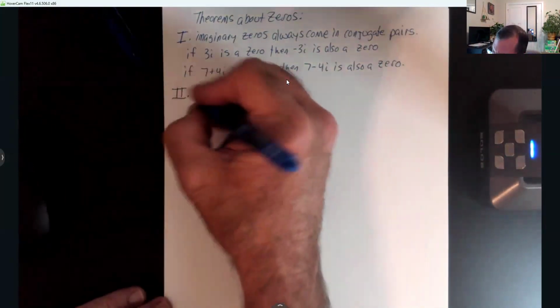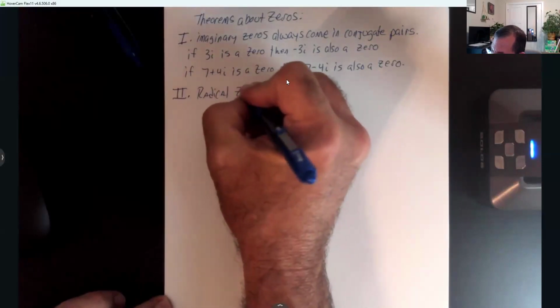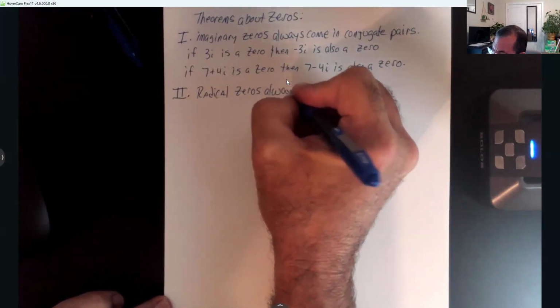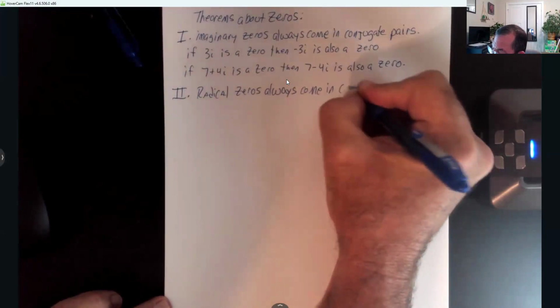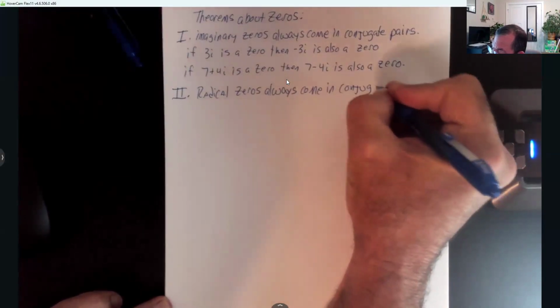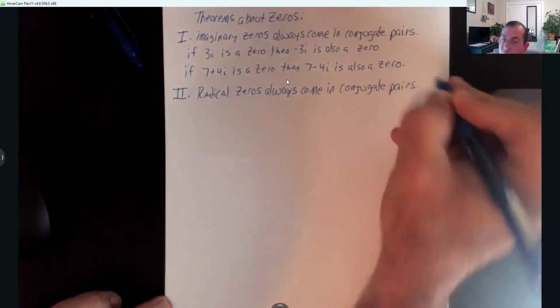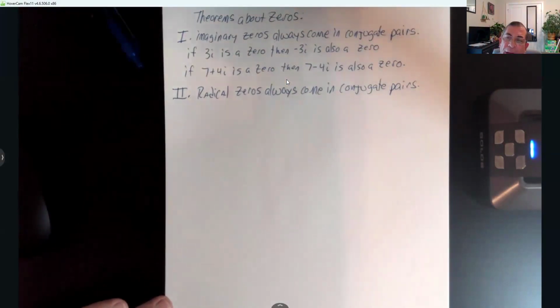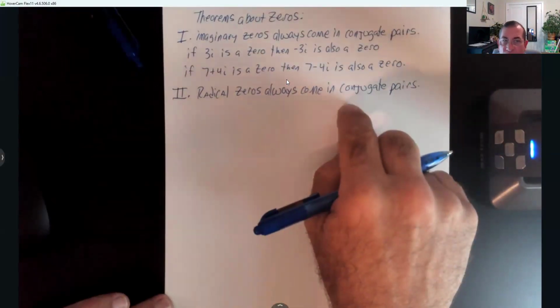Radical zeros always come in conjugate pairs. So that's why a while ago when we was doing that foiling, if they gave me square root of 5, they had to give me negative square root of 5 as the other zero, okay? They always come in conjugate pairs.